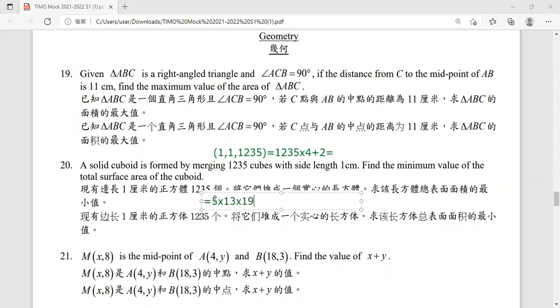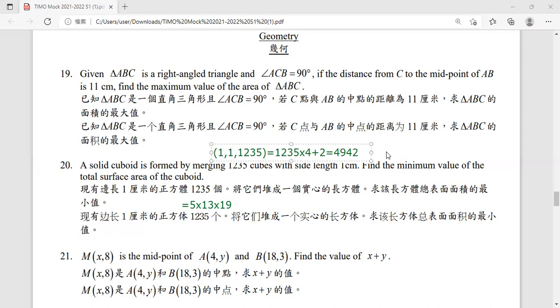Now this one, 5 times yes. Now this is 49442. This is the largest.